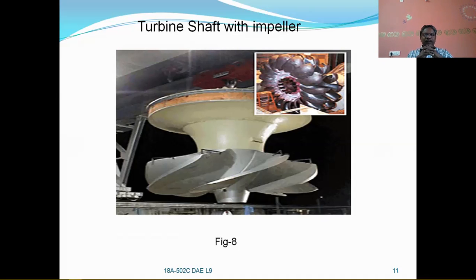So with these applications we can define what is meant by shaft. Let us define the shaft.